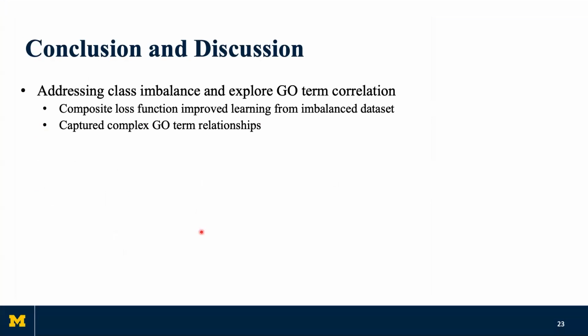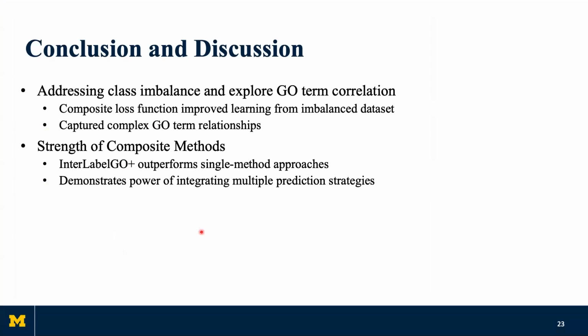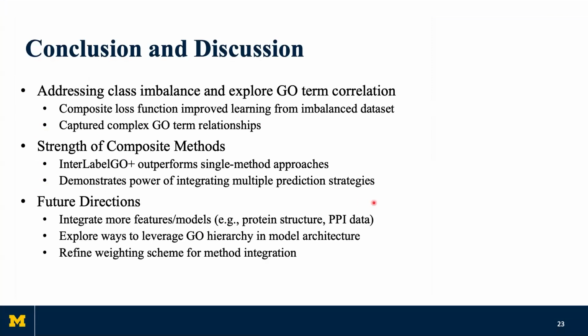So in summary, InterLabelGO Plus uses a composite loss function to improve model learning from imbalanced datasets, and it lets the model successfully capture some aspects of GO relationships. However, the model doesn't fully leverage the GO hierarchical structure.